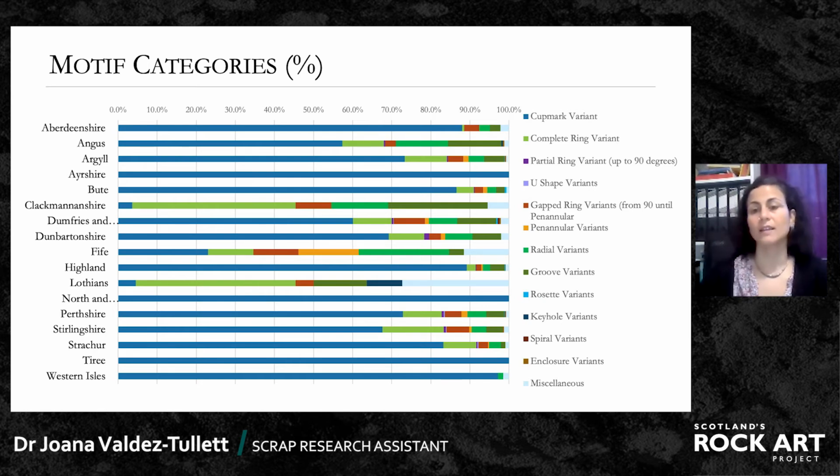So although the Highland and Dumfries and Galloway were showing a similar number of motifs assessed for each of them, at this scale, we can see that the Highland is distancing itself from the South, becoming a less variable region in terms of motifs. So in fact, we can see that this monothematic character is there, but there are some differences in the region. So this is starting to show us the regional preferences.